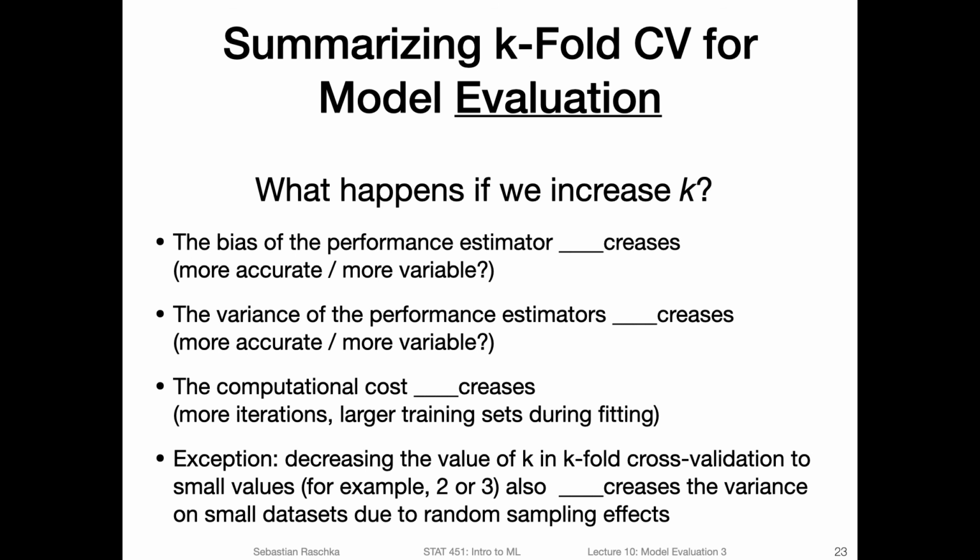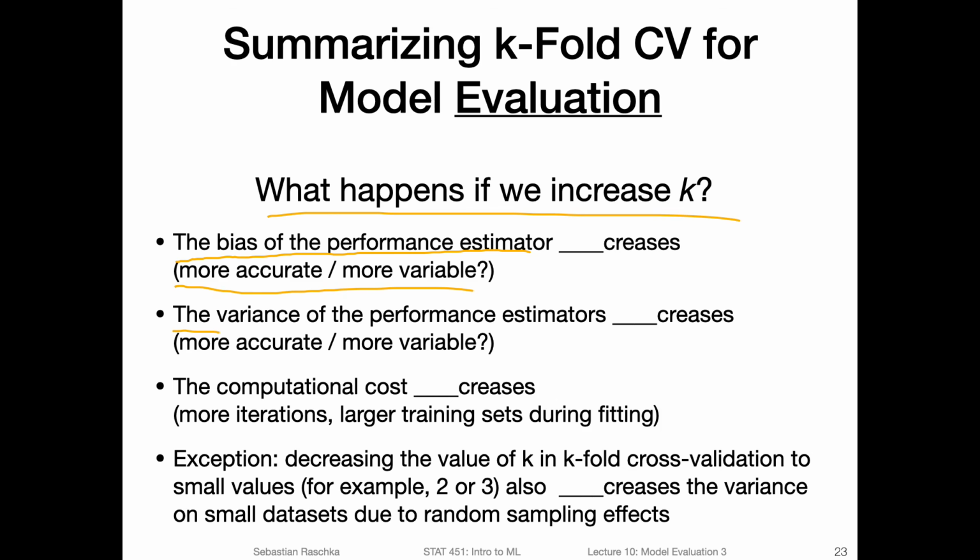Now, summarizing k-fold cross-validation for model evaluation. What happens if we increase k? This is something we can answer based on the empirical studies that we just looked at. For example, one question would be: does the bias of the performance estimator increase or decrease as we increase k?